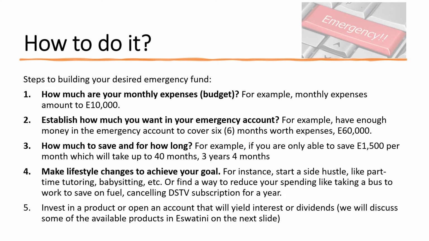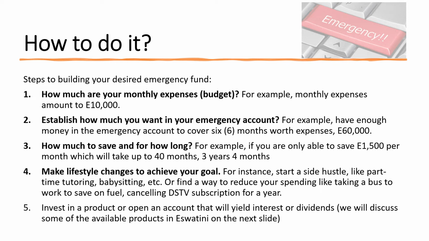So you have to start as little as possible, but you need to learn to have the discipline to work on the target. Let's say, for instance, after drawing your budget, you have an excess of 1.5 thousand every month that you can set aside, save or invest, and you decide, okay, this 1.5 I'm going to use to build up my emergency fund.